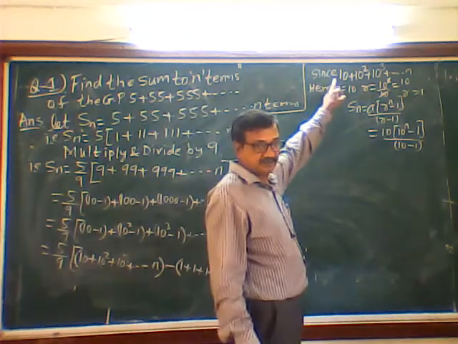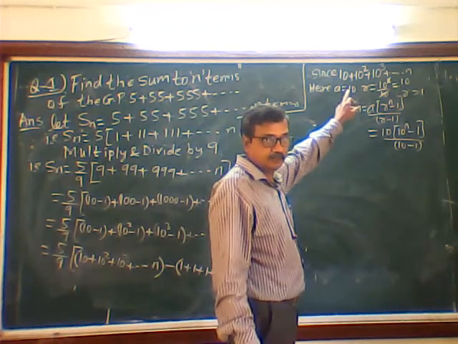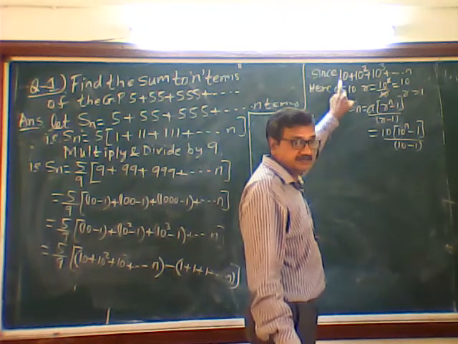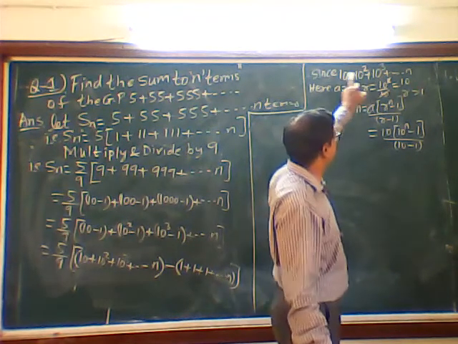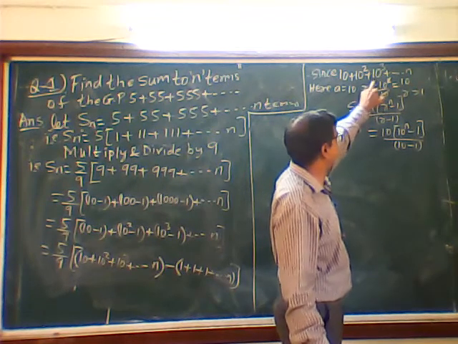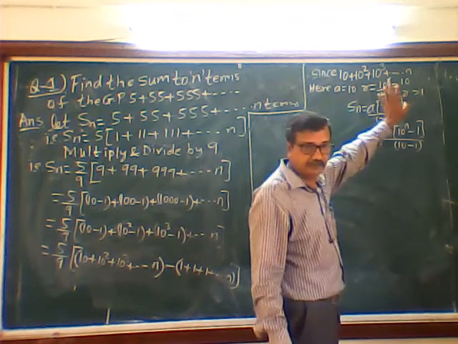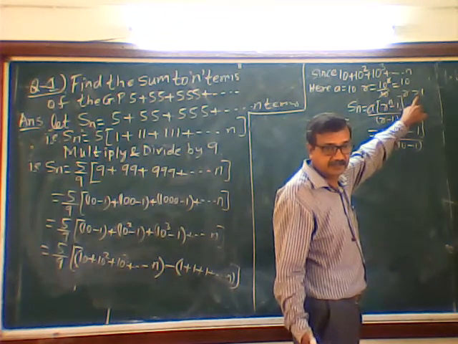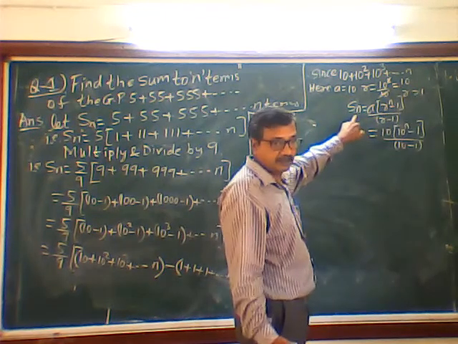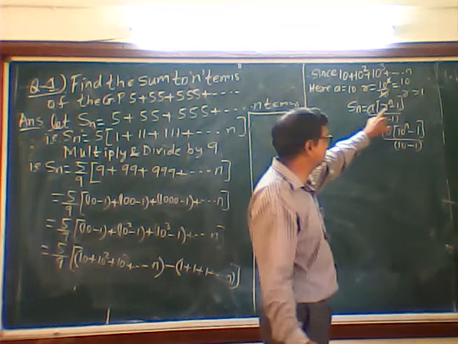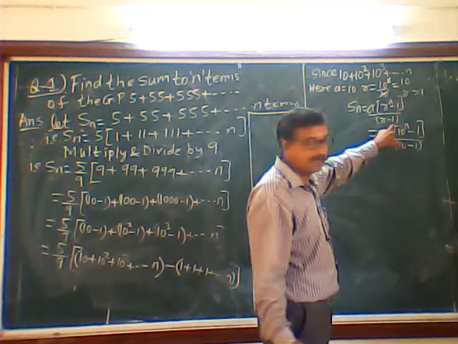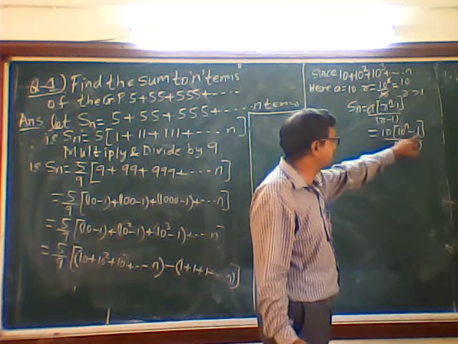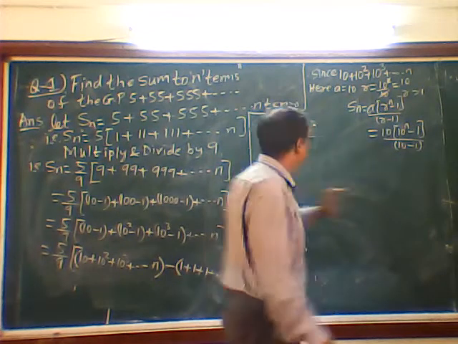Here the first term a is 10 and r is what? 10 square divided by 10 is 10 only. 10 cube divided by 10 square is also 10 only. Then r is greater than 1 here, naturally 10 is greater than 1. So I have used this formula: Sn is equal to a into bracket r raised to n minus 1 divided by r minus 1. What is a? 10. r is 10. 10 raised to n minus 1 divided by 10 minus 1.